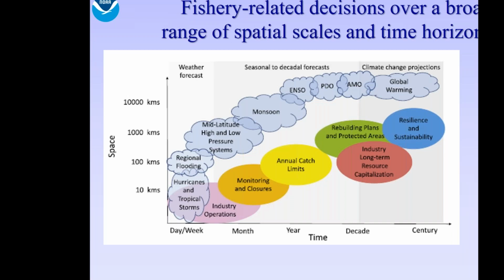But this adds an added complexity when we think about how this fits with things that are already going on. Now, this is a diagram, much like various ones that people have done, looking at the spatial scales and the temporal scales associated with different physical phenomena or with different decision points.